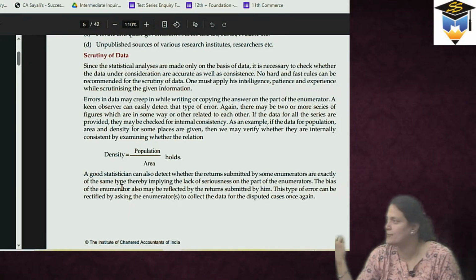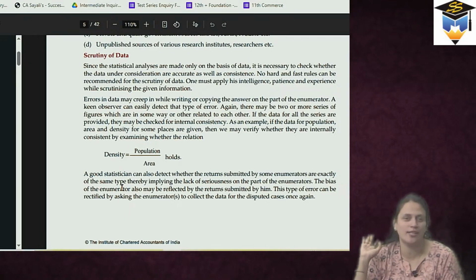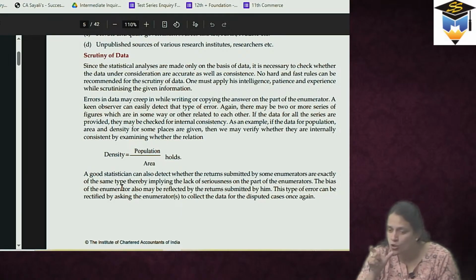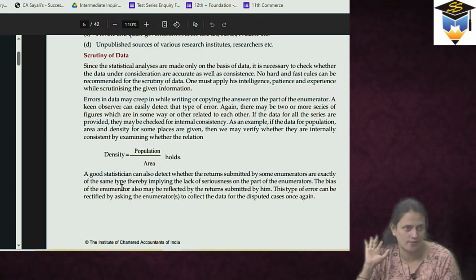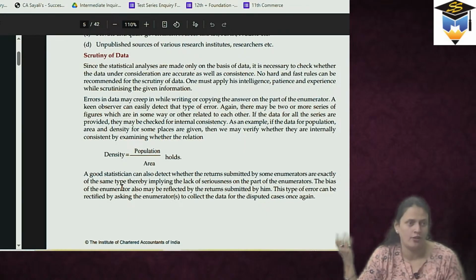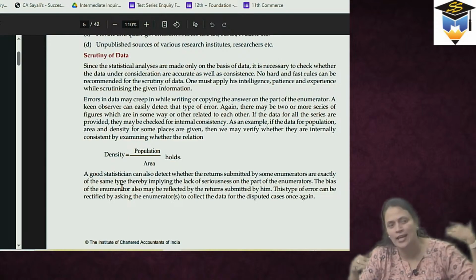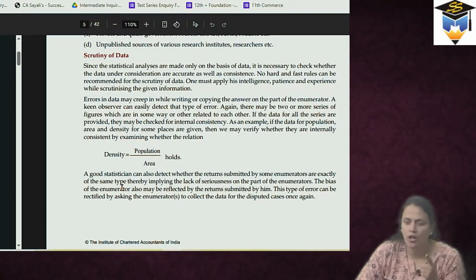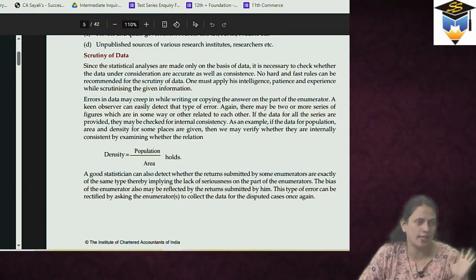Either the enumerator must not have gone to each and every house and collected the data, he would have just given it on his own. So a good statistician can observe this, if the data is repeated again, because it is not possible, right? From house to house, the data has to change. It cannot be one and the same. So a good statistician will detect this very easily.